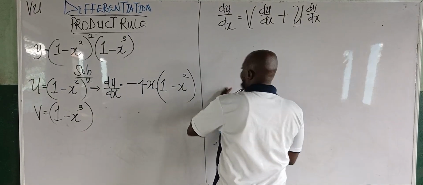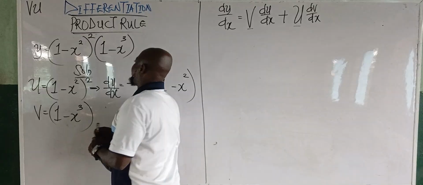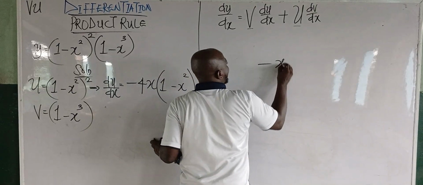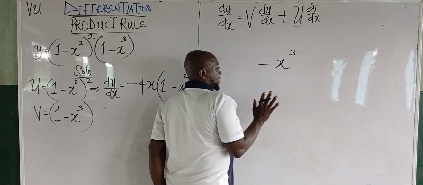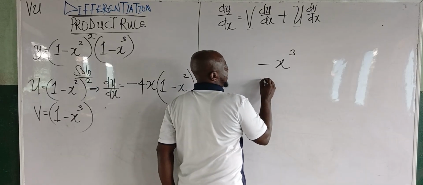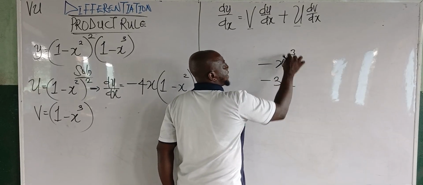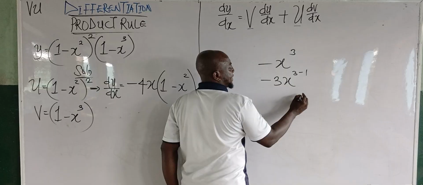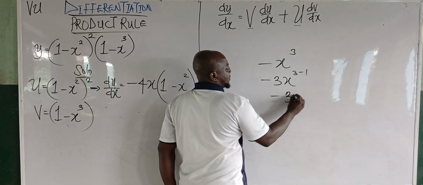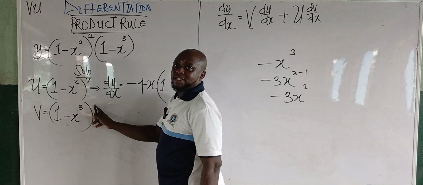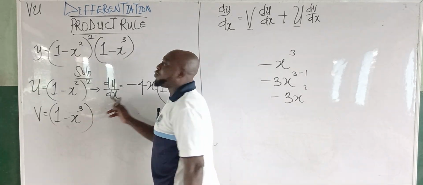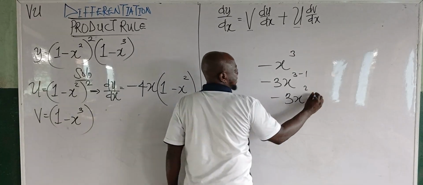Next up, I'm having this. I want to differentiate this. I told you that we only pick the ones with x and other values apart from constants. So use this to multiply this. I'm having minus 3x. Remove 1 from this. That's 3 minus 1. Whatever you have here now will give us this value. Now, remember that the power here is 1, isn't it? Use the 1 now to multiply this one.